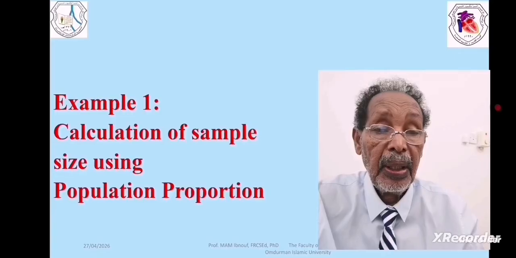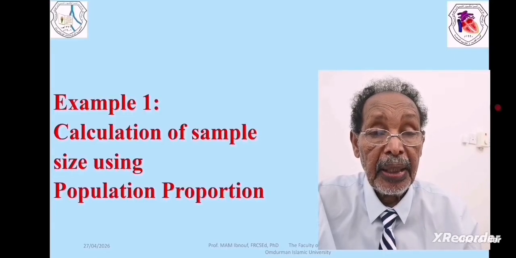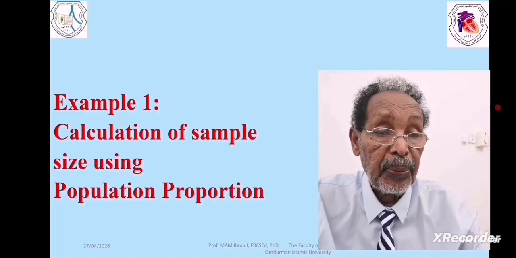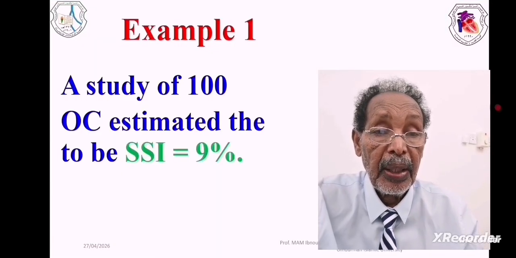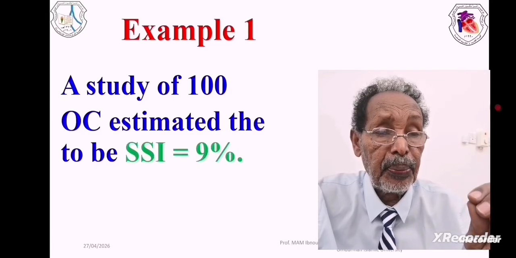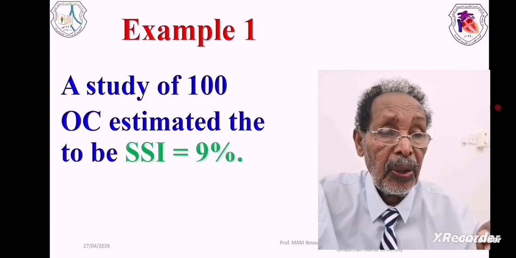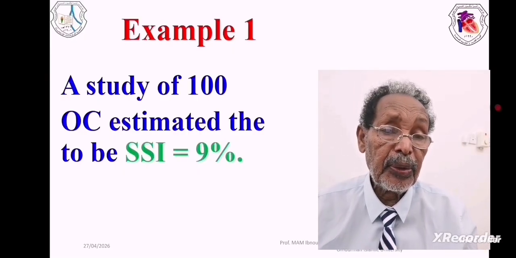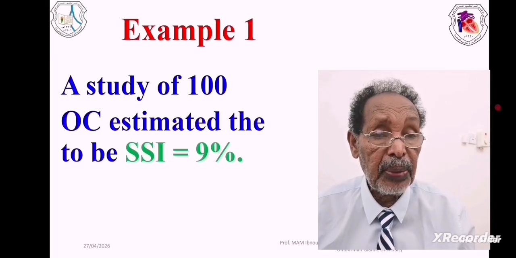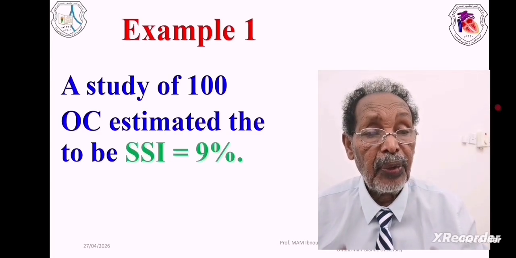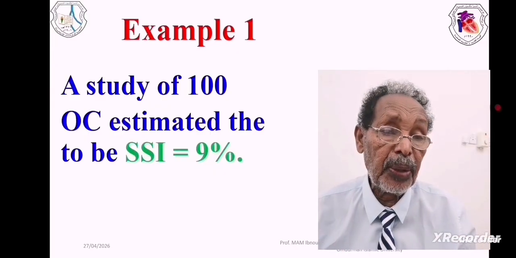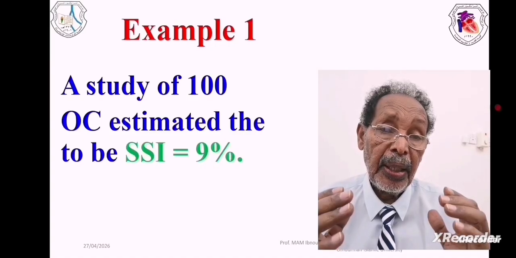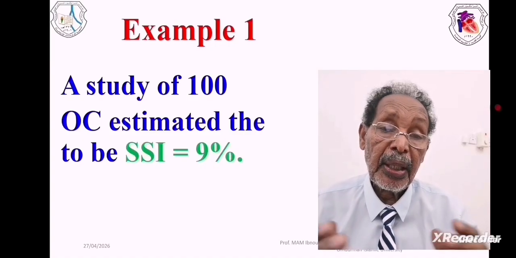Now, let us speak by examples and how to calculate the sample size using the population proportion. Let us start with a very simple example of Mr. Hassan Bashir, a study in Ibn Sina Hospital for the rate of infection in open cholecystectomy. As I said, the vast majority, over 60-something%, were performed by the surgical registrars during their training program, of course under supervision.